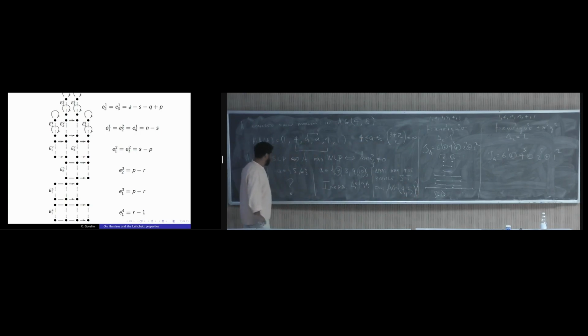You see? We don't know examples failing double LP for a equal 5 or 6, and we don't know, to the best of my knowledge, if delta 2 can be greater than 1 if A belongs to 7, 8, 9, 10.